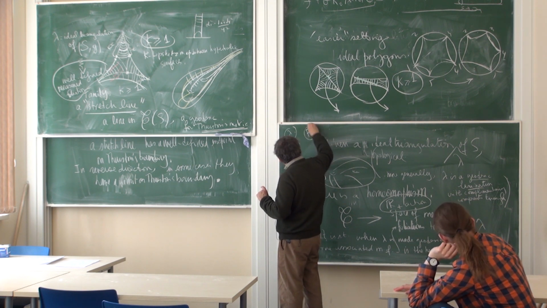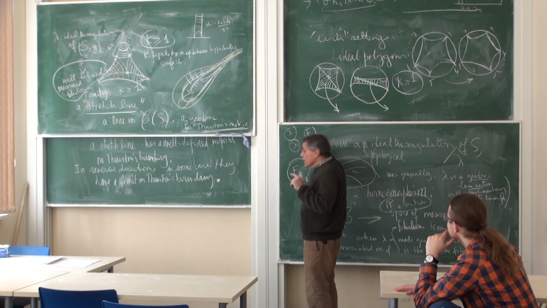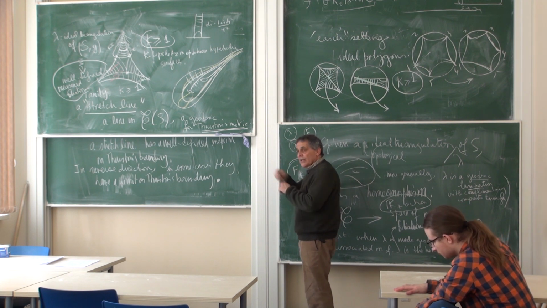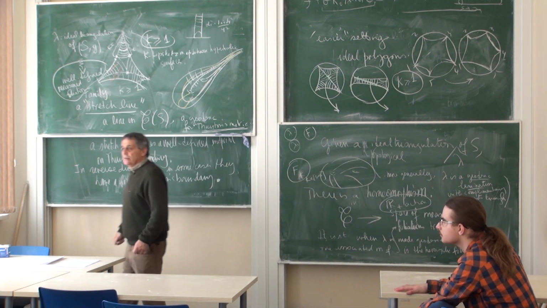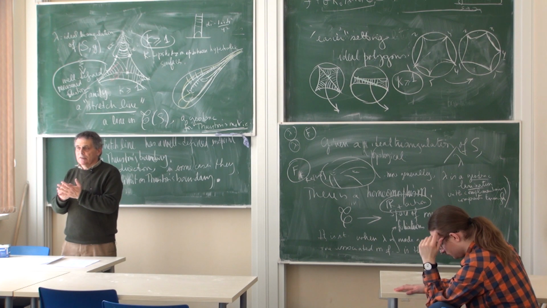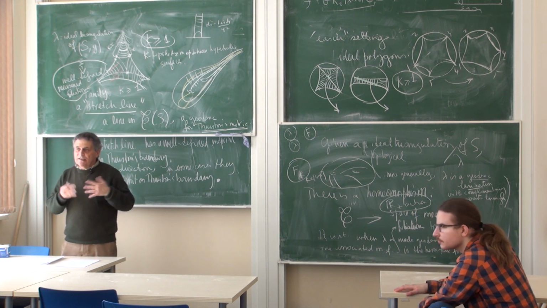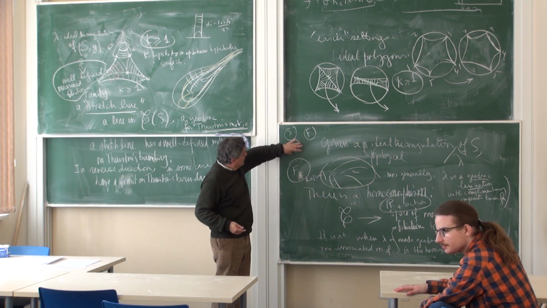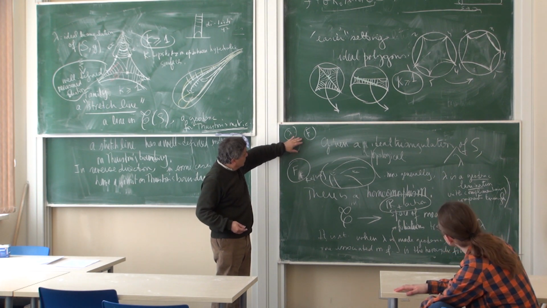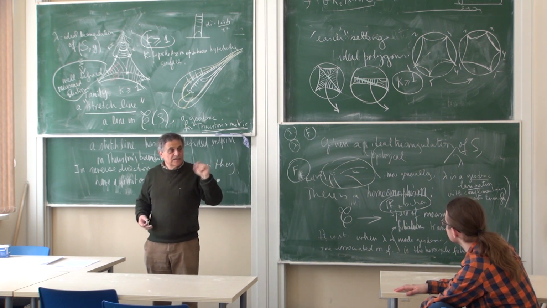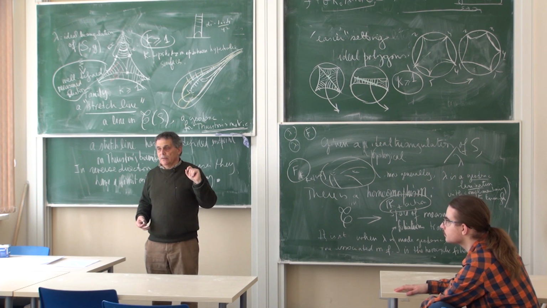If you take a measured foliation F which has zero intersection number with one component, then you cannot realize it as a transverse foliation. Because if you realize it transversely, then you can read the intersection number. And playing with this, you get all the cases. Those which can be made transverse are those which have non-zero intersection number with each component. You can make a precise statement here.